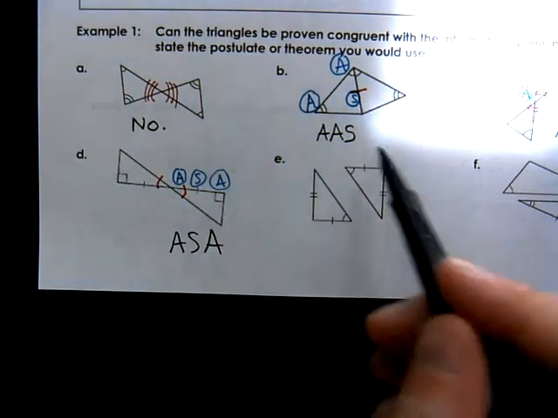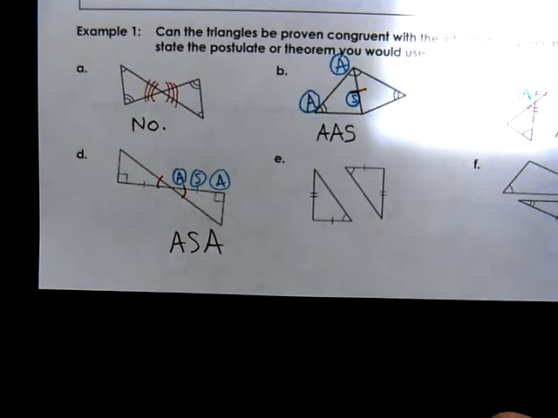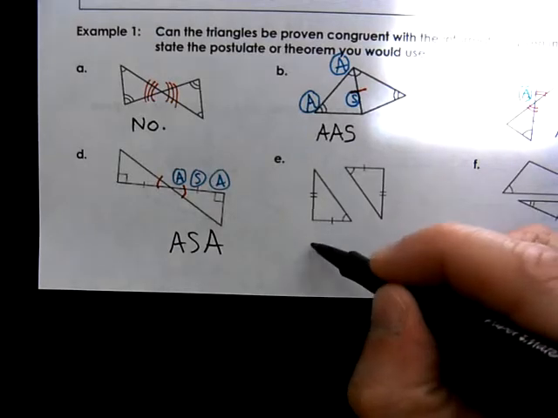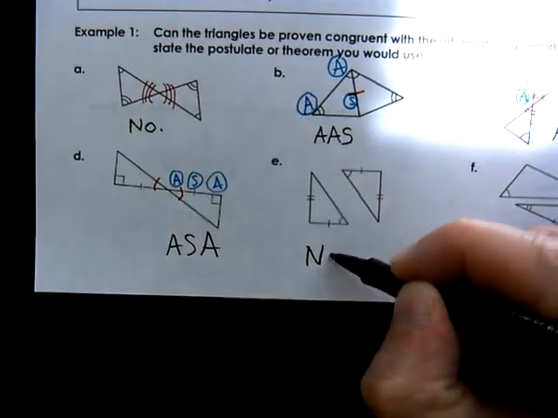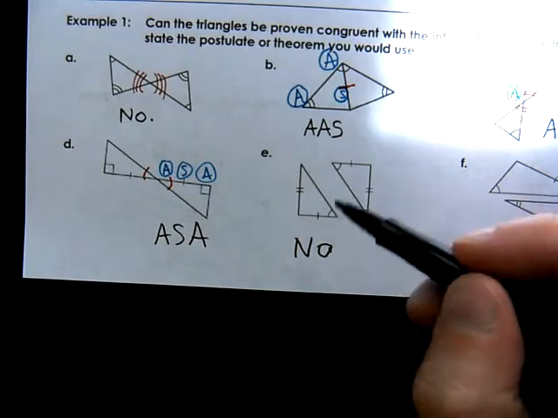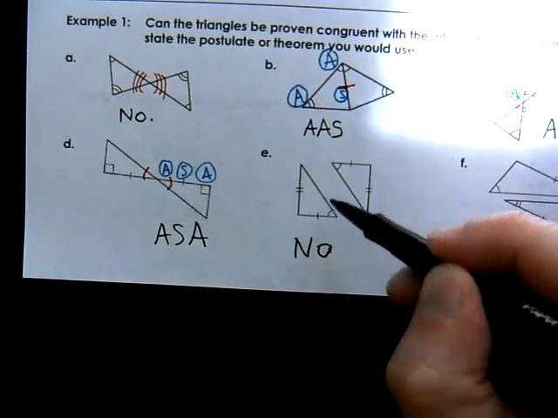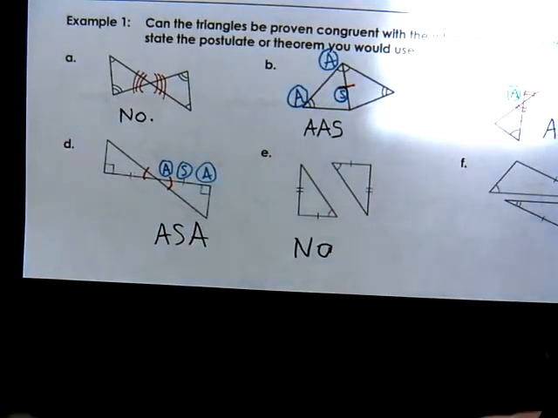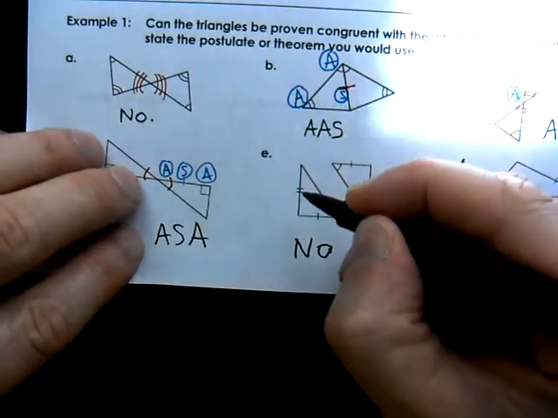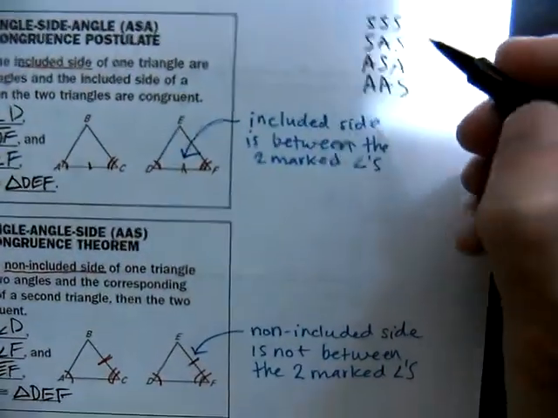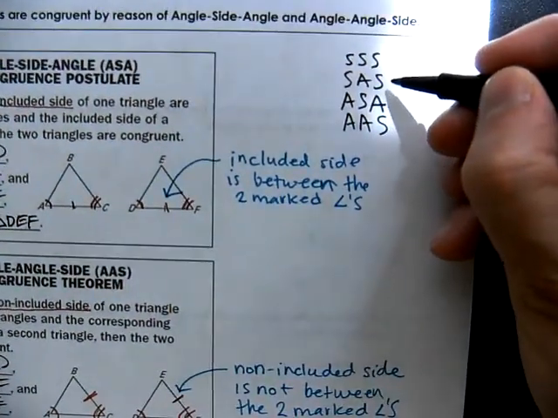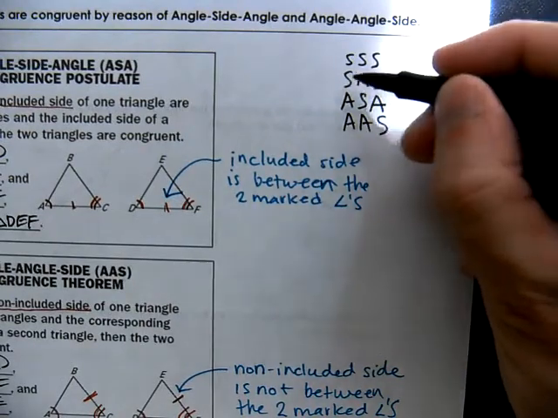Take a look at part E. What do you think about this one? This is, no, we cannot show the triangles are congruent. Notice that we do have three parts, but it's none of the patterns that we've seen up there. We have two sides that are marked. So the only pattern that we have with two sides that are marked is the side, angle, side.